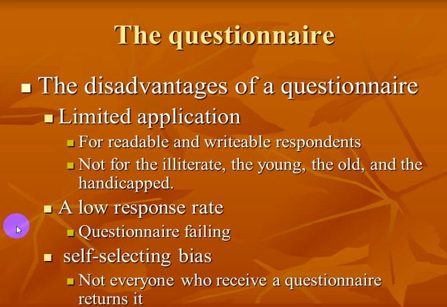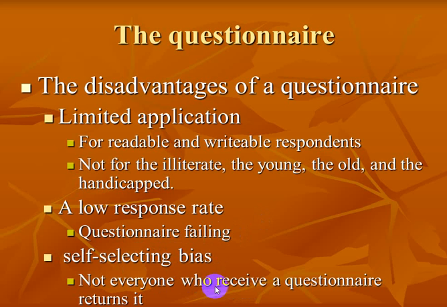And after that, the next point is you get a low response rate. That means when you give 100 written questionnaires to 100 participants, you might not get all 100 questionnaires back. That is questionnaire failing. And also self-selecting bias.